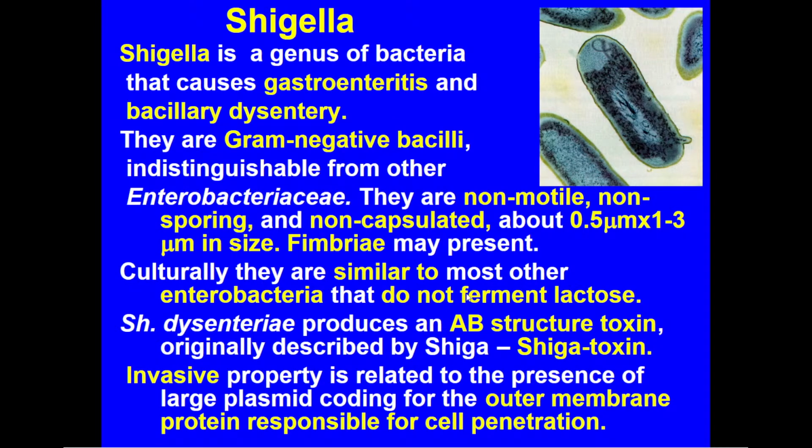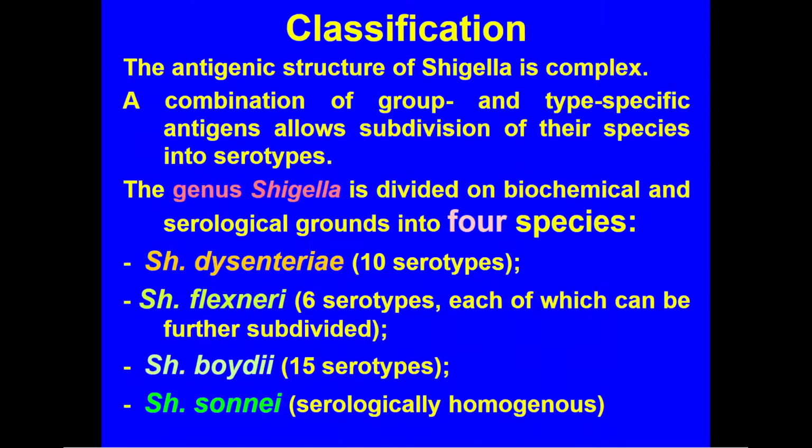They are very weak fermenters. But Shigella dysentery itself may produce the toxin that is called Shiga toxin that may cause cell death. This is a cytotoxin. But apart from exotoxin, all Shigella have very strong invasive properties that are related to the presence of a particular plasmid that codes for outer membrane proteins responsible for cellular penetration.